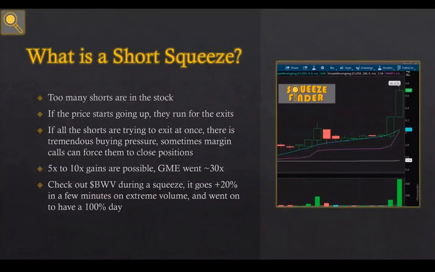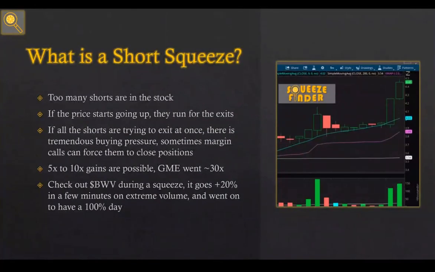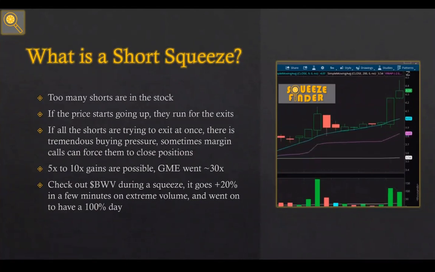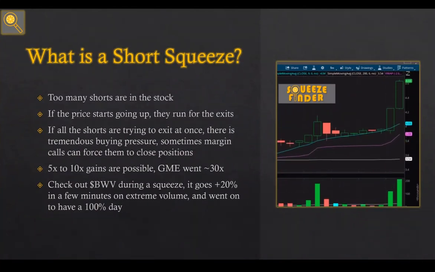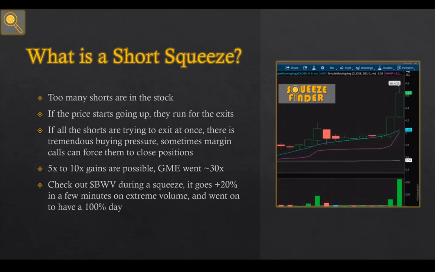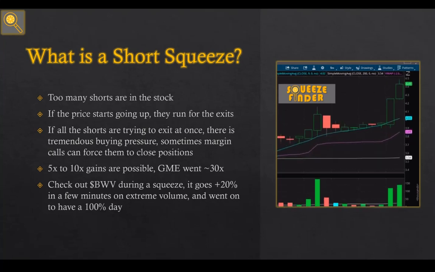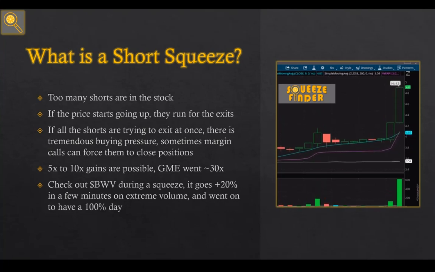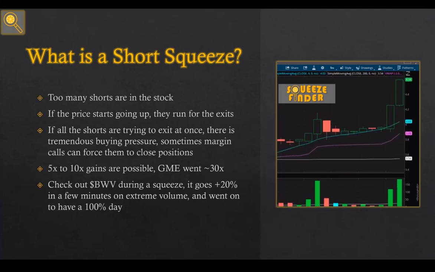This animation on the right is from a ticker called BWV, Blue Water Vaccines. It had a couple of squeezes earlier this year. In this little chart, a 5-minute candle chart, you can see it goes up about 20% in just a couple of minutes. But what's really important is the volume bar.